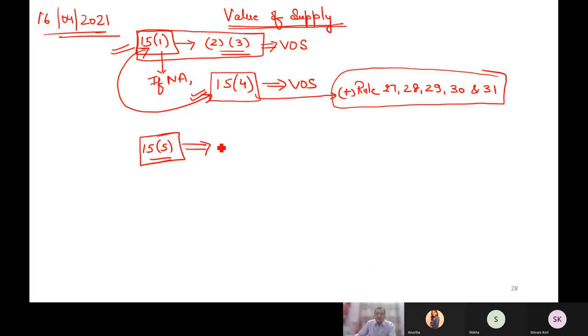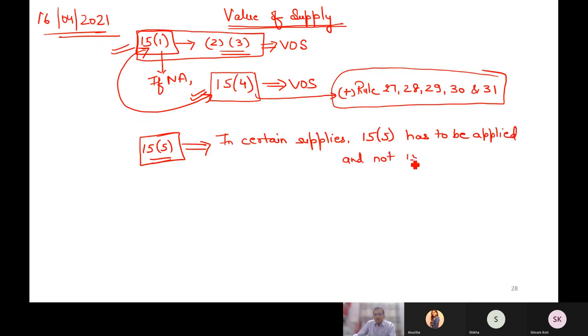This section says that in exceptional or certain supplies, 15.5 has to be applied and not 15.1 and 15.4, even if applicable. So 15.5 is a special section, I can see.